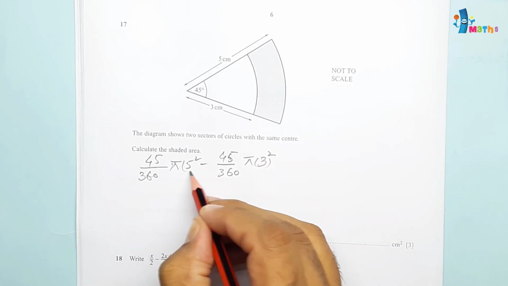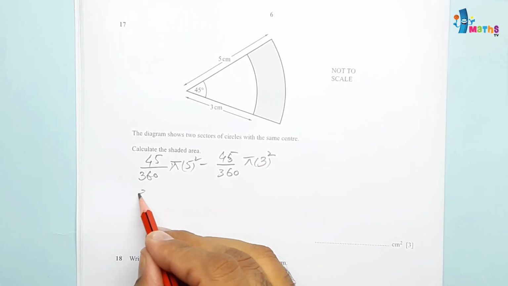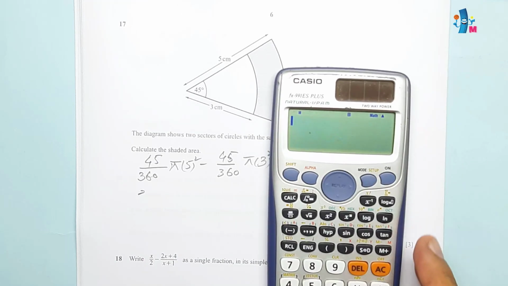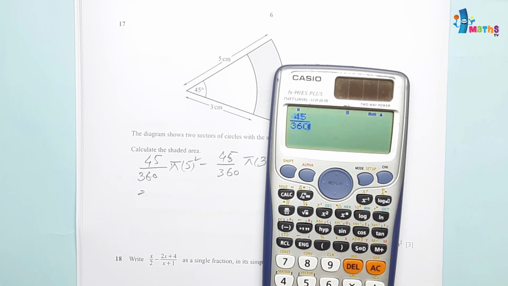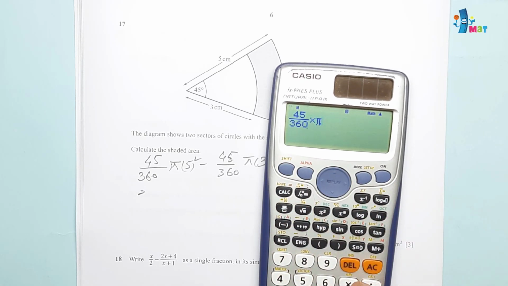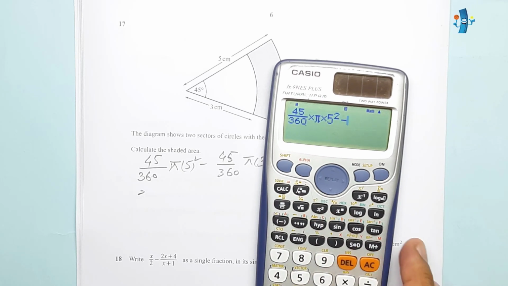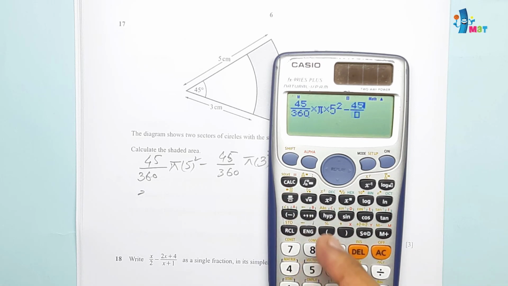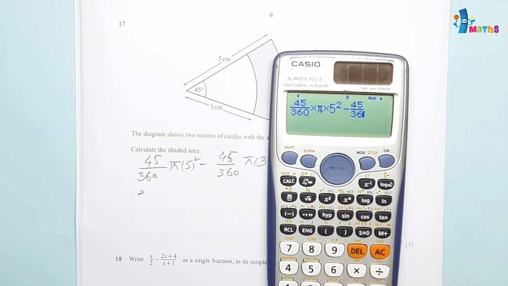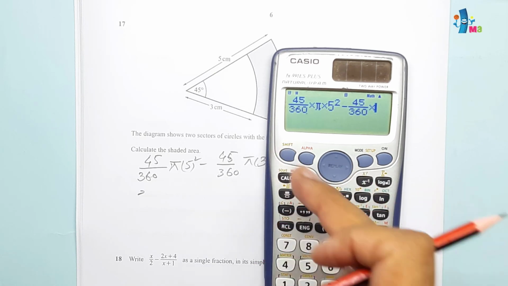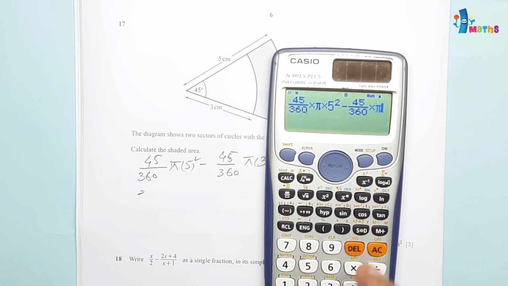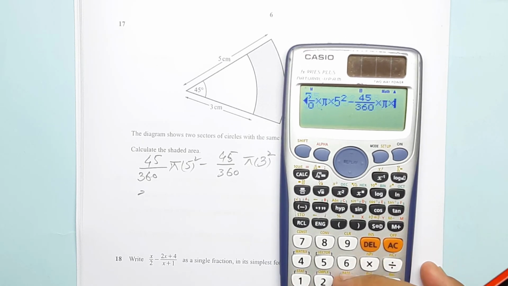We have to calculate this expression. So 45 divided by 360 into pi multiplied by 5 square, and minus again 45 over 360 multiplied by pi and 3 square.